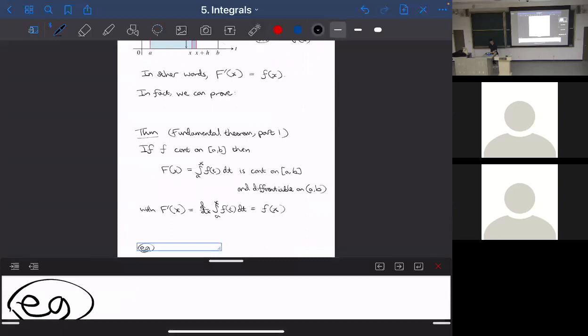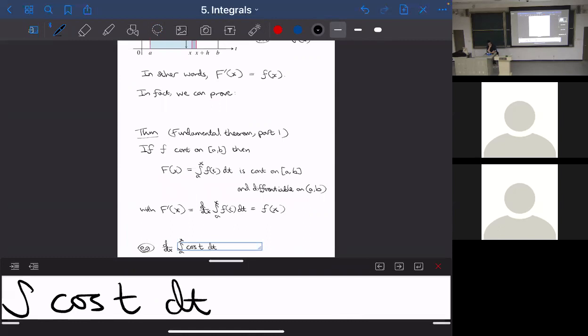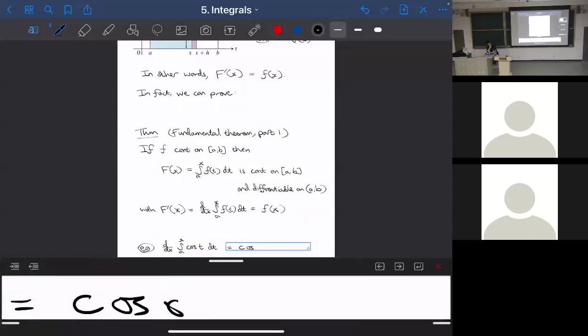So for example, just substituting in a particular function here, d by dx of the integral from a to x of cos t dt, that just gives me back cos x.